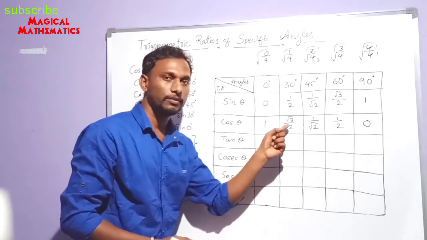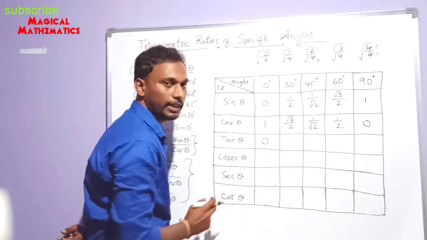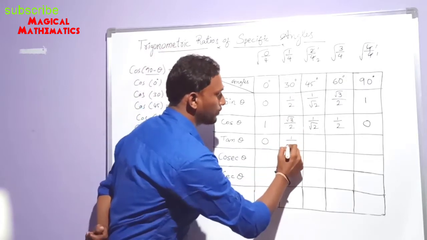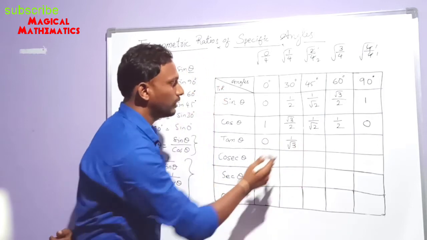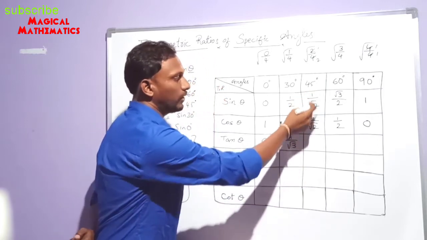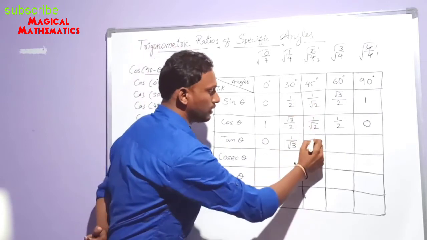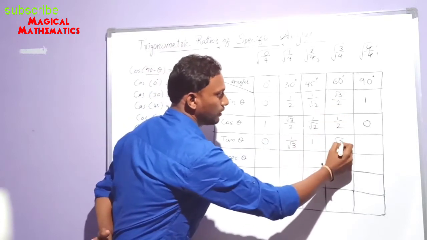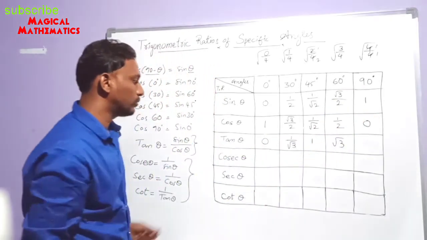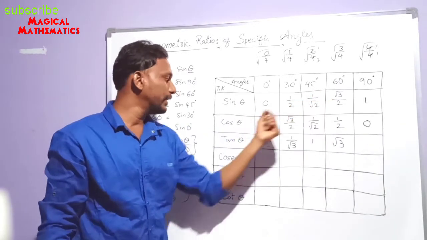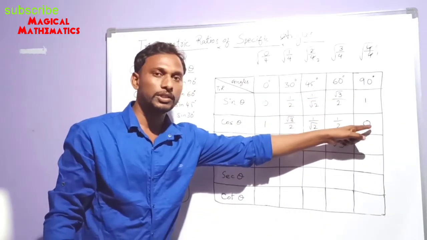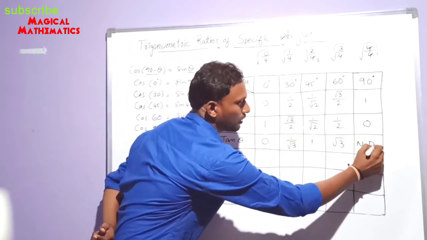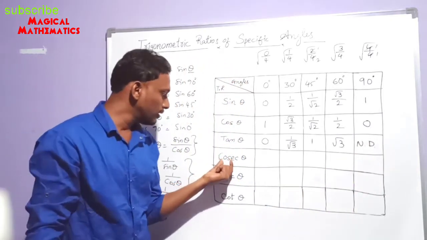In the division of fractions, the denominators get cancelled, so 1 in the numerator and root 3 in the denominator, giving 1 by root 3. At 45, 1 by root 2 and 1 by root 2 get cancelled, so the value is 1. At 60, the denominators are cancelled, so we get root 3. For tan 90, sin 90 by cos 90 is 1 by 0, and division by 0 is not defined.